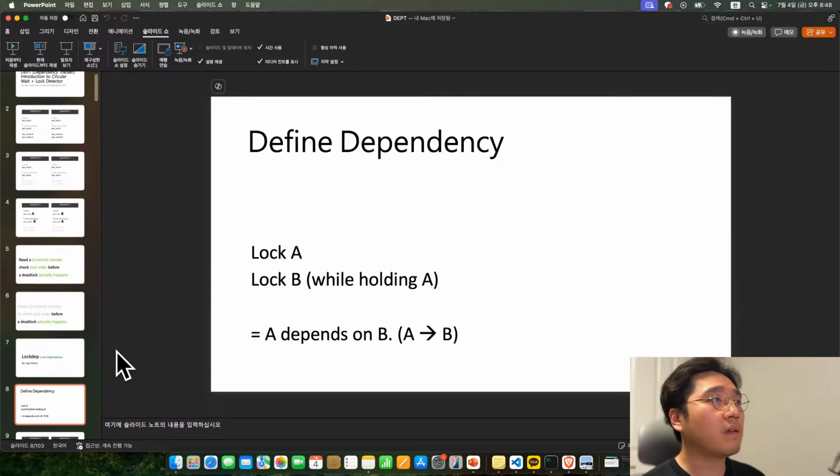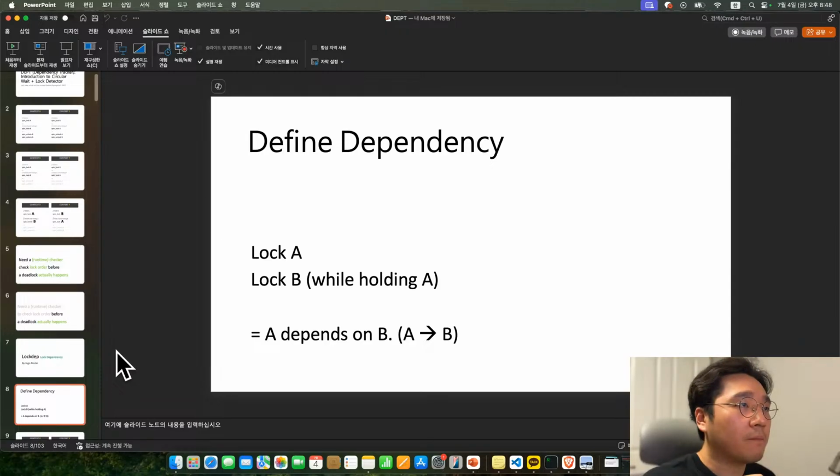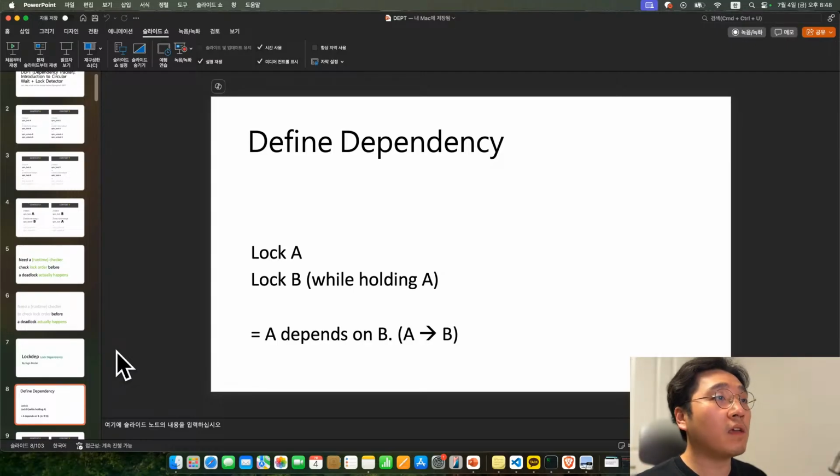As you can see, when lock A is held, while holding lock A, this context wants to hold lock B. This situation is called B depends on A, right? So we draw an arrow as a dependency from A to B.